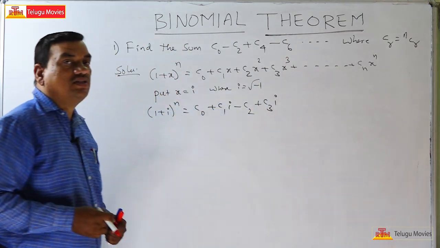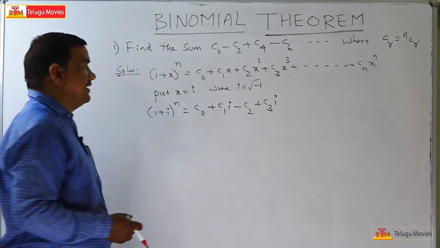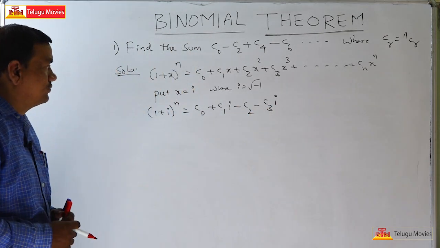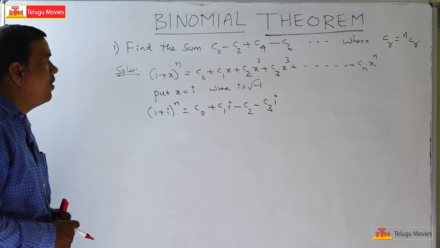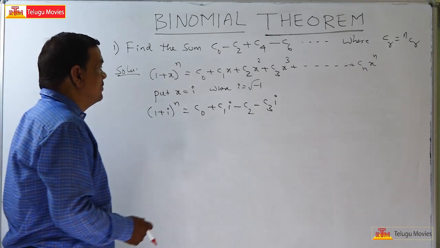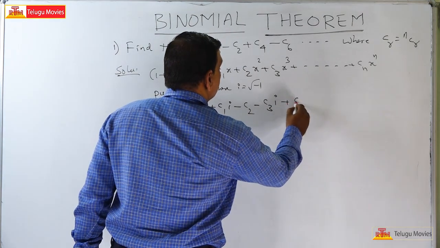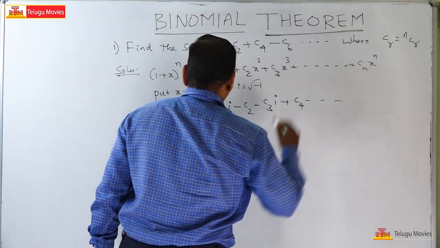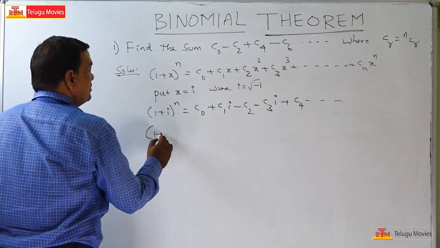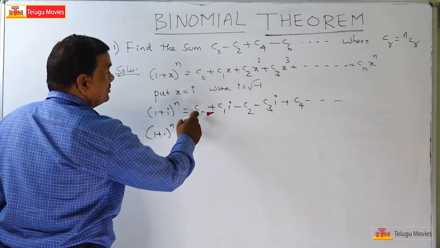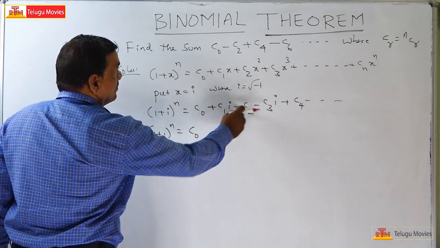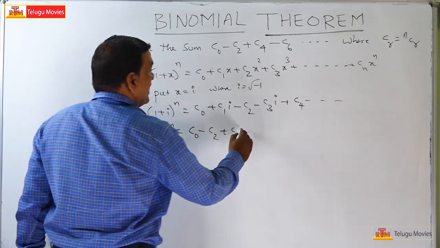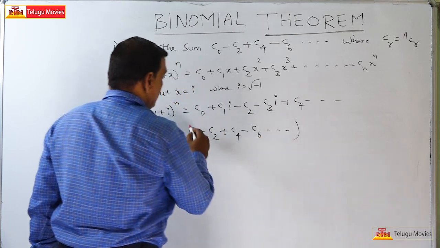What is i cube? i square into i, which is minus i, so you will get minus C3 i. Next, plus C4 i to the power of 4, which is 1, and so on. See here, I will rearrange these terms: C0 minus C2 plus C4, again minus C6, plus so on will come.